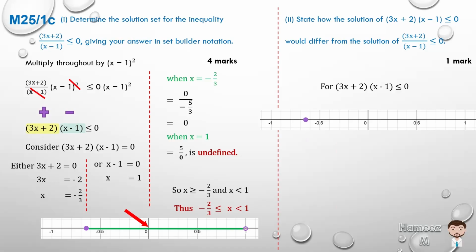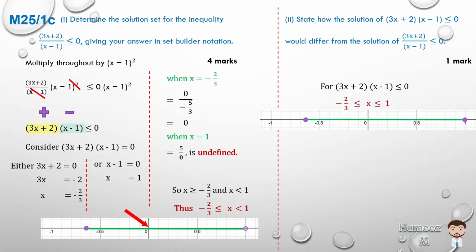What about when x is equal to 1 on the right-hand side? If we substitute into this product, 1 minus 1 is 0. 0 times 3x plus 2 is 0. So 0 is equal to 0. So it works when x is equal to 1. It's inclusive. And using the range as is, we've just realized that its green line still holds.